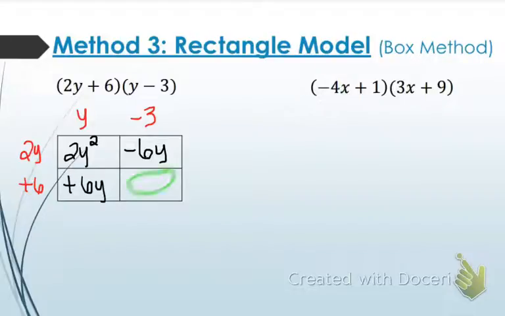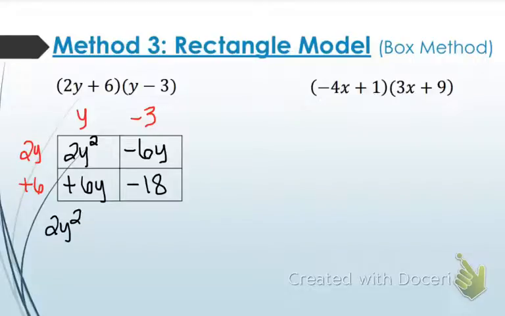And for the last rectangle, we have this number right above and this number to the left. So 6 times negative 3, negative 18. Again, I'm going to copy these numbers in standard form, which is descending order.